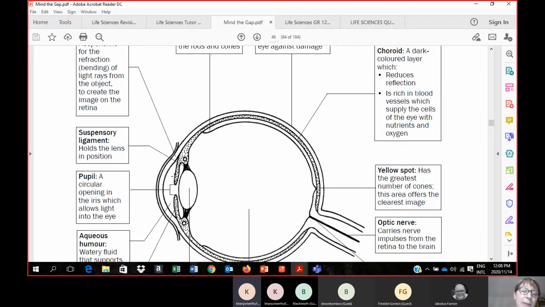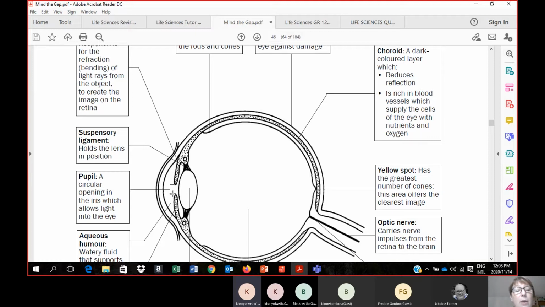And these muscles, when they contract and relax, control the size of the pupil. The pupil is this little gap over here, and it's often dark in color, and this allows light to pass through to the retina. But now your iris, with those muscles inside it, controls the size of the pupil.